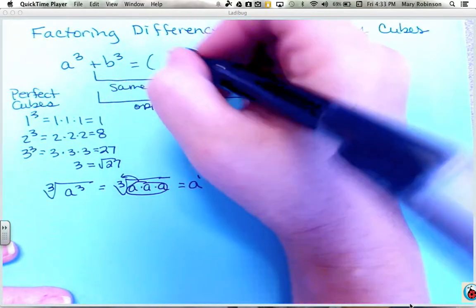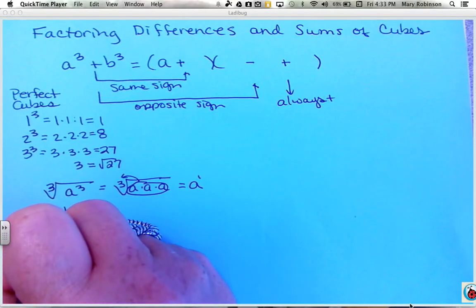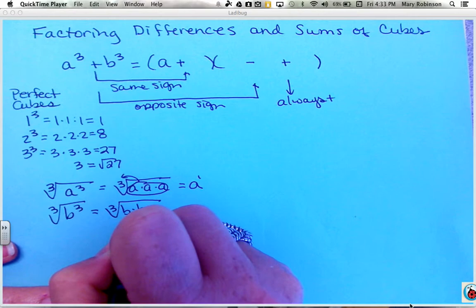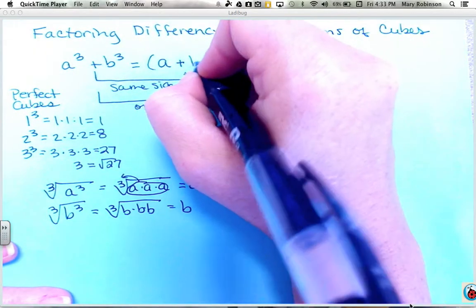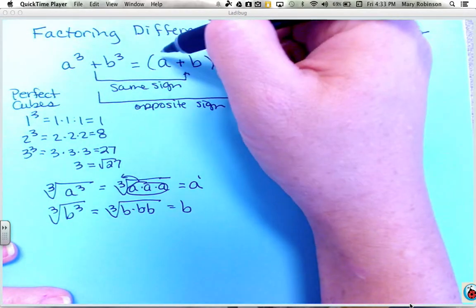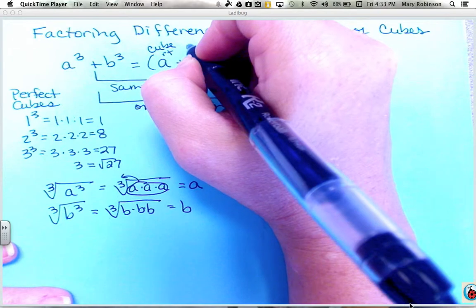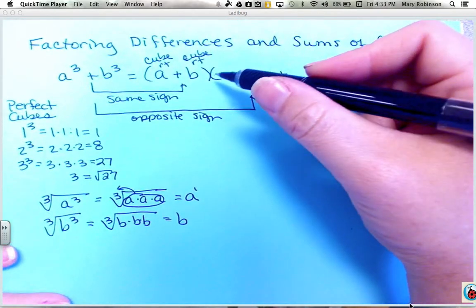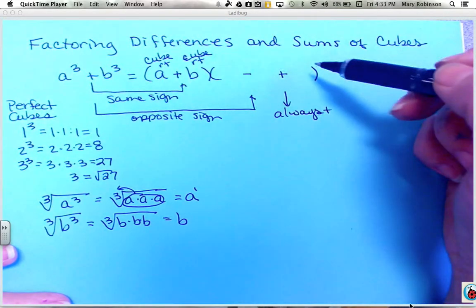So the cube root of a cubed is a. Likewise, if we have b cubed but want to find the cube root, we would be looking for 3 of the same factor, in this case 3 b's, so the cube root of b cubed would be b. So these come from finding the cube root. And this is going to come in handy because you'll hear me say it a lot. Cube root, and then the pattern here.